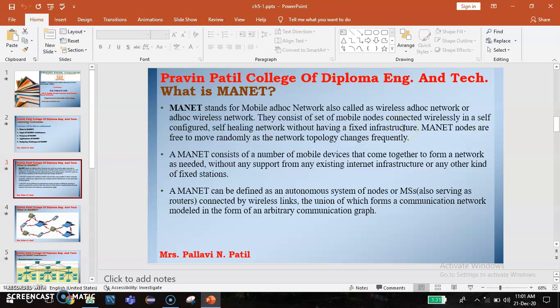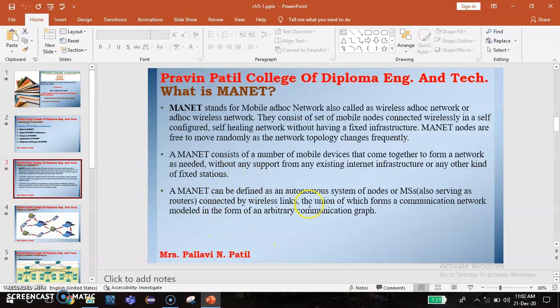The MANET nodes are free to move randomly as the network topology changes frequently. A MANET consists of a number of mobile devices that come together to form a network as needed, without any support from any existing internet infrastructure or any other kind of fixed station.